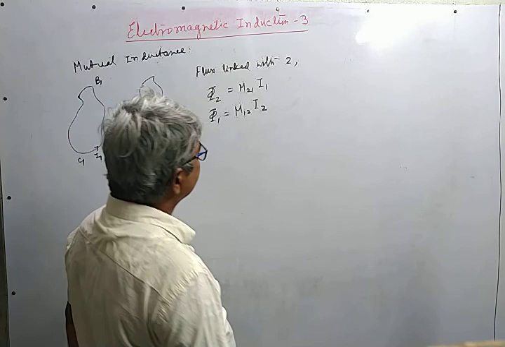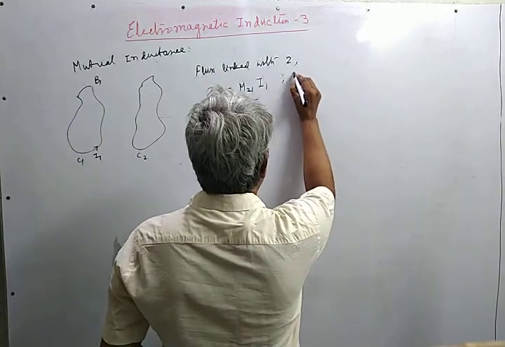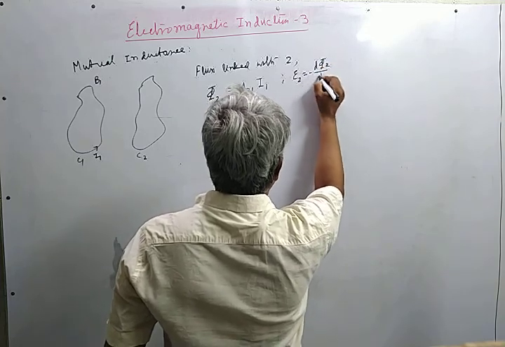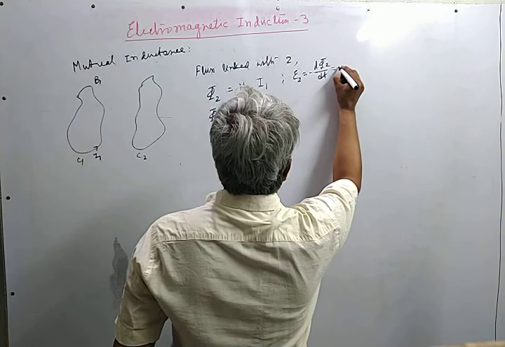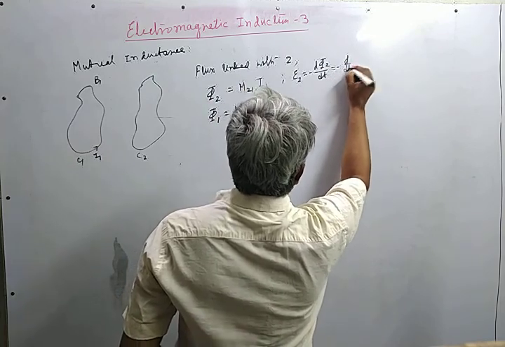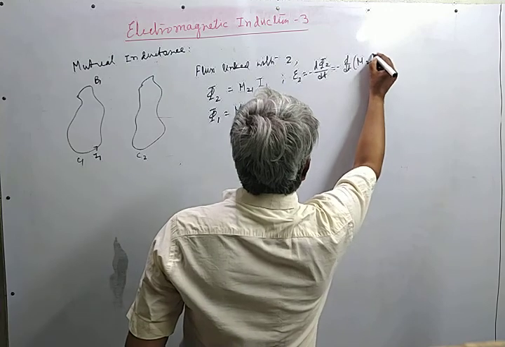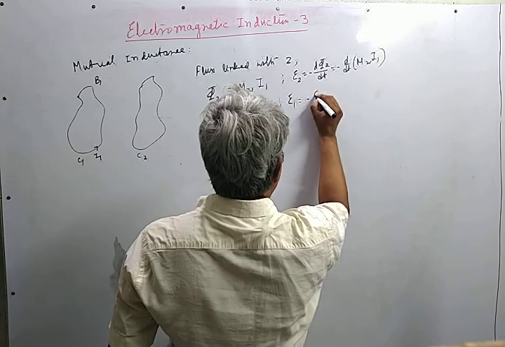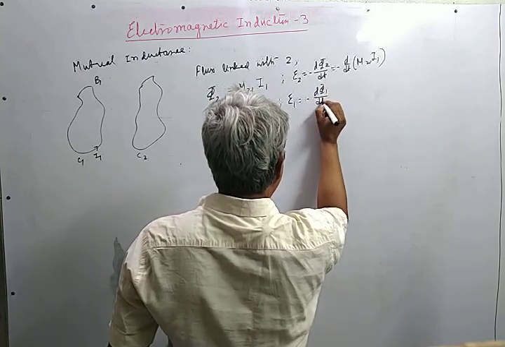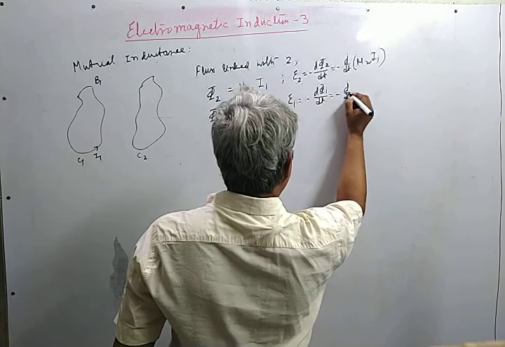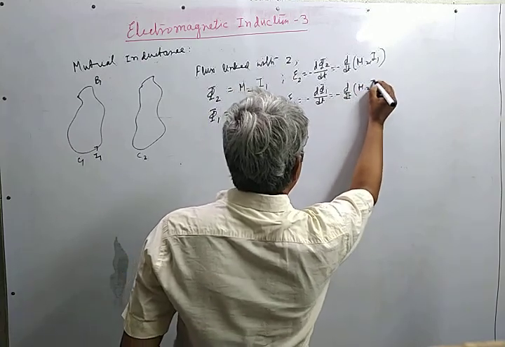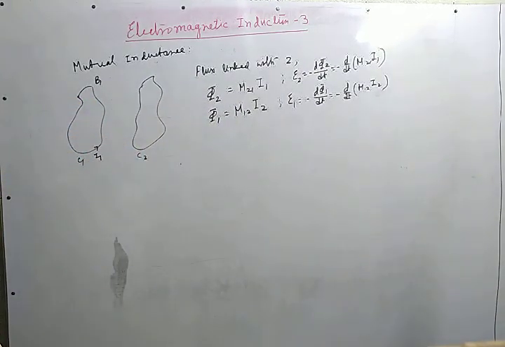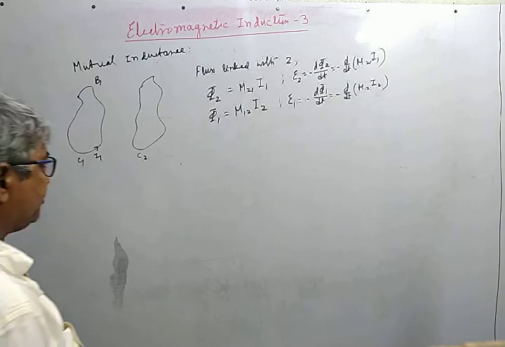In terms of the EMF, the result becomes induced EMF is equal to minus d phi 2 by dt. If we want to go further, that is, what is phi 2?